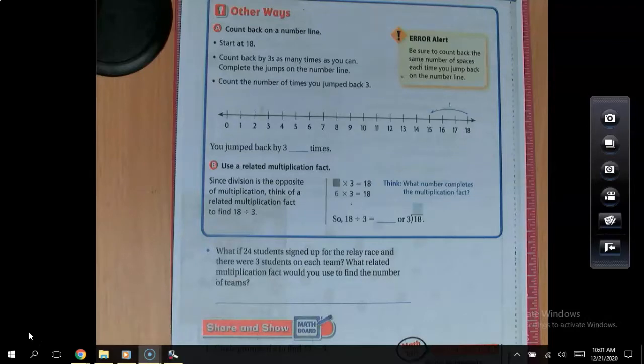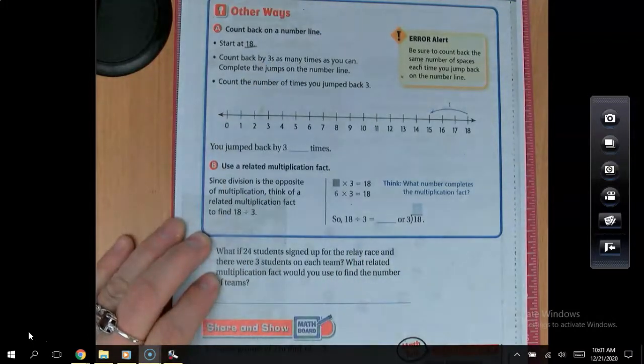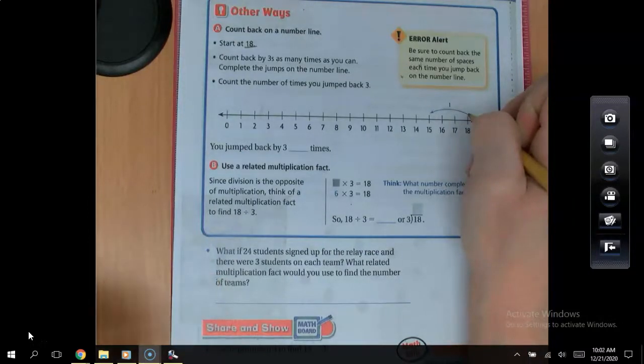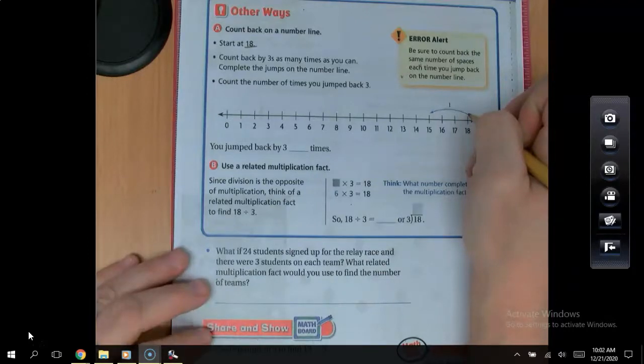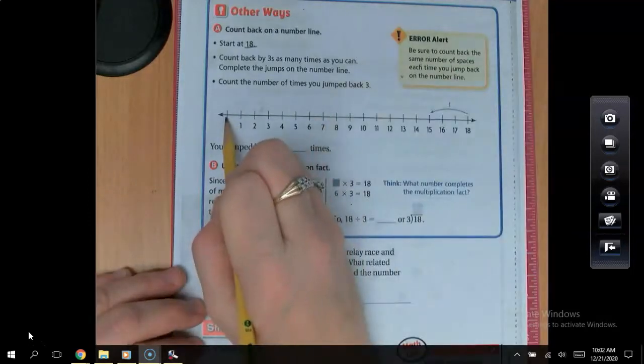So for division, using a number line, we're going to start at the total number that we have, the bigger number, which is 18. We know that there's a total of 18 students. So I'm going to start at 18. And remember, there's 3 people that need to be on each team. I need to get all the way to 0.